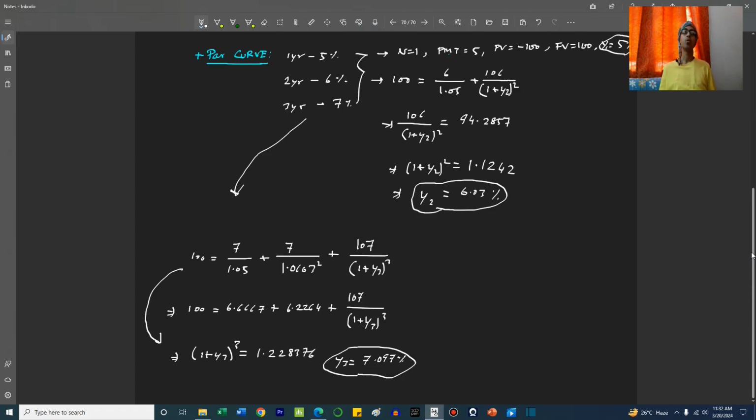Now we are ready to plot this par curve. Year 1, year 2, year 3. Let's say 1, 2, 3, 4, 5, 6, 7, 8. So the first year the value is 5.